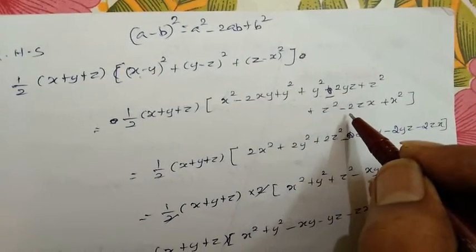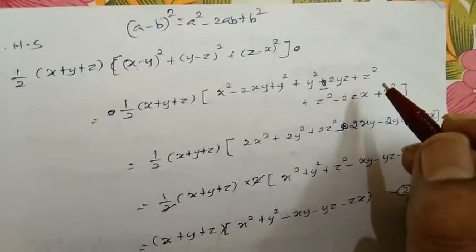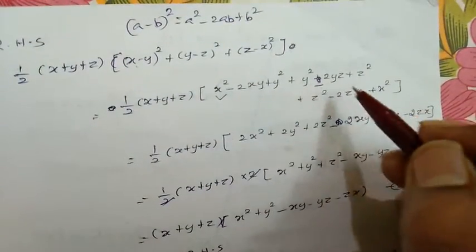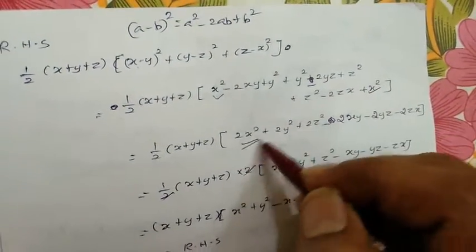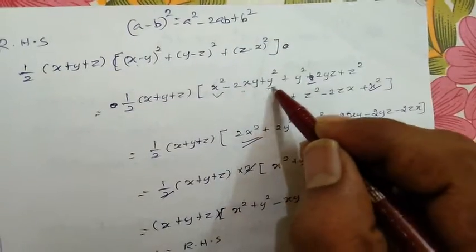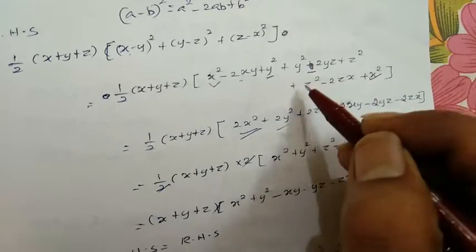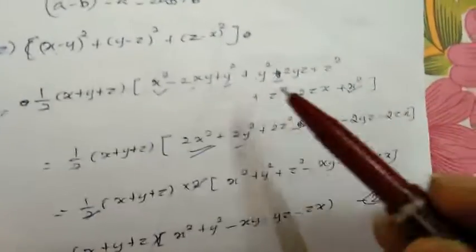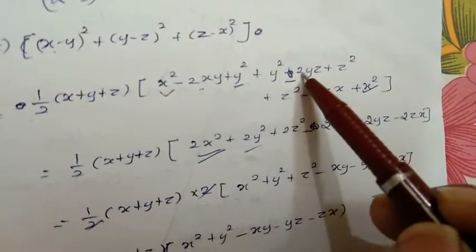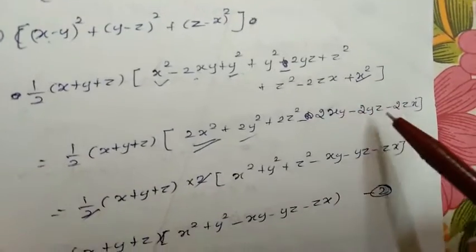Here z square minus 2zx plus x square. Now check that x square term 2 times, so 2x square. Next y square term 2 times, so 2y square. z square term 2 times, so 2z square. And remaining 2xy, 2yz, 2zx, right?